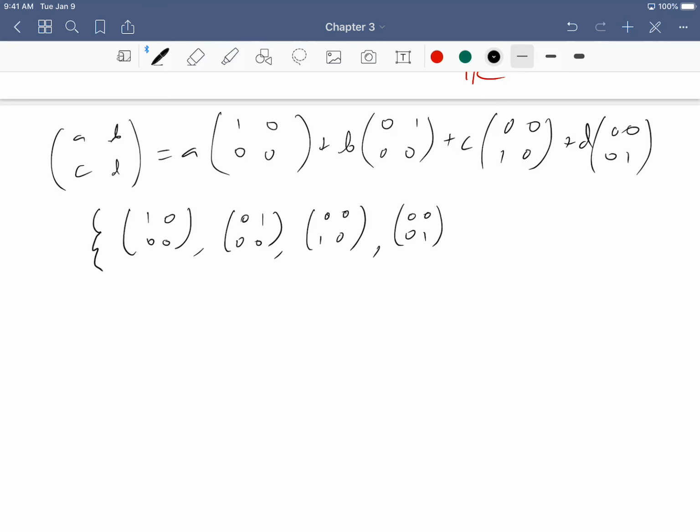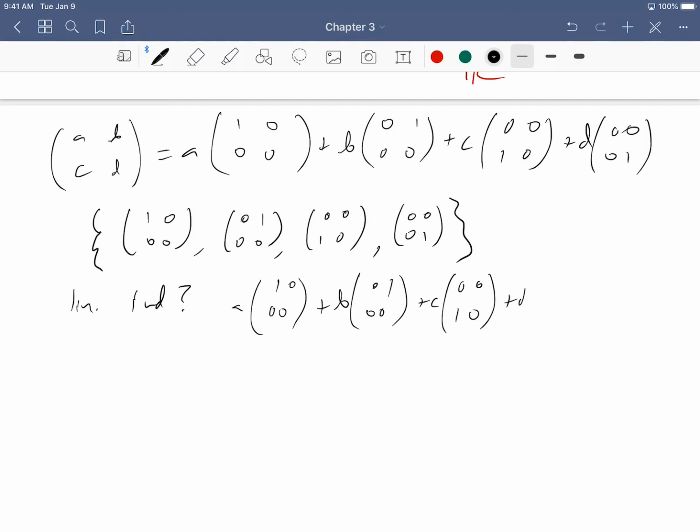All right. So now, one more question here is, are these linearly independent? If I have an expression like the one up above, A times 1, 0, 0, 0, B 0, 1, 0, 0, C 0, 0, 1, 0, D 0, 0, 0, 1. If I made that into 0, and here making that 0 means making it the 0 matrix, what's the solution here?